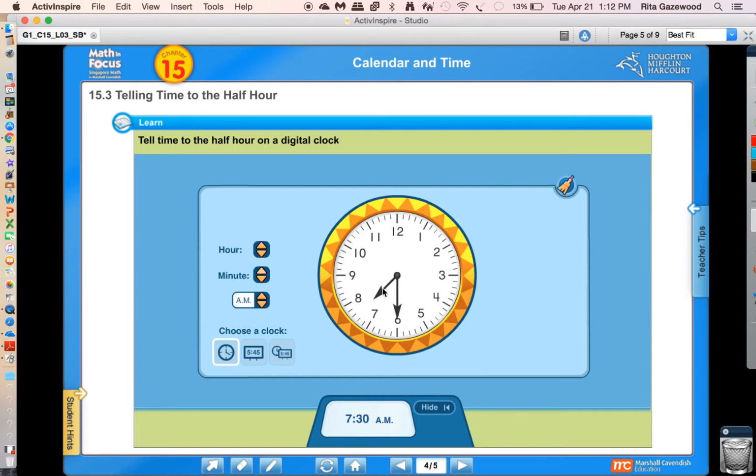Does your hour hand go halfway between the 7 and the 8? Your short hand? And is your long hand pointing to the 6? Good job.